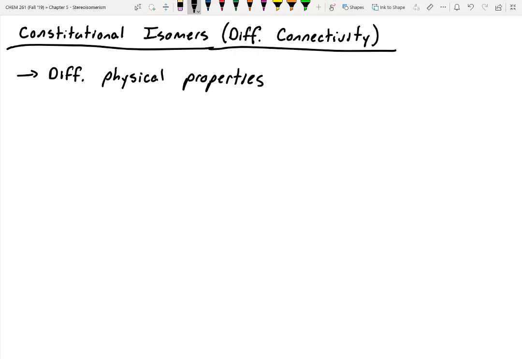All right, do you think it's going to be easy or difficult to separate out a mixture of constitutional isomers? Well, let's think about it, right? So let's say I've got this compound over here.